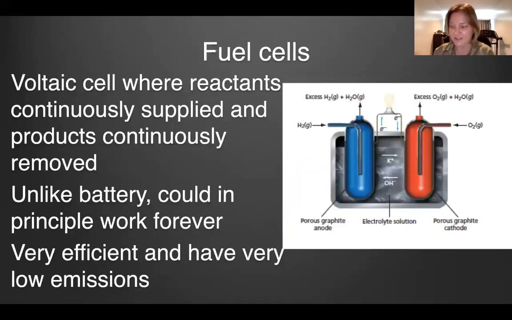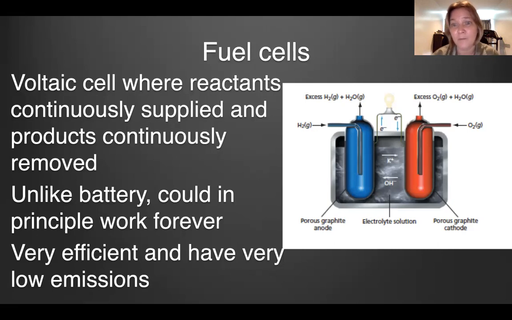Now, something quite different is something called a fuel cell. This is a voltaic cell where the reactants are continuously supplied and the products are continuously removed. Unlike the regular battery, it could in principle work forever. They are very efficient and they have very low emissions.